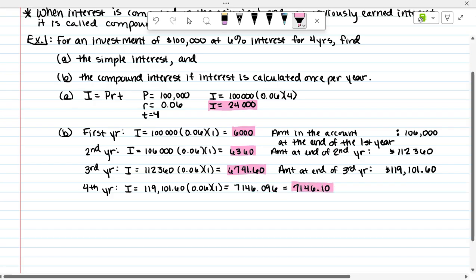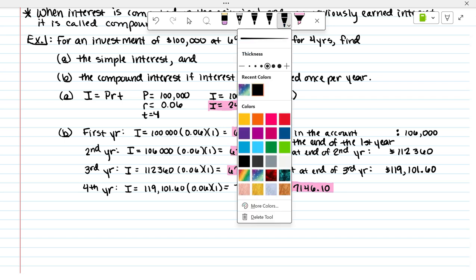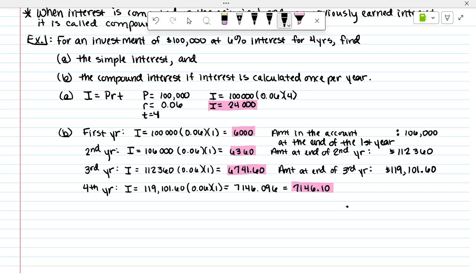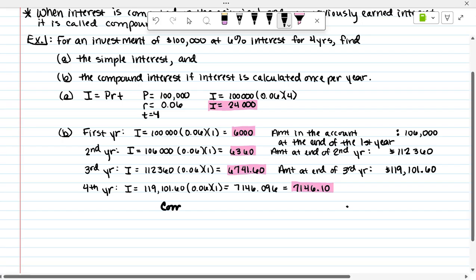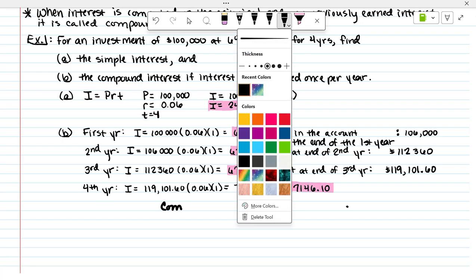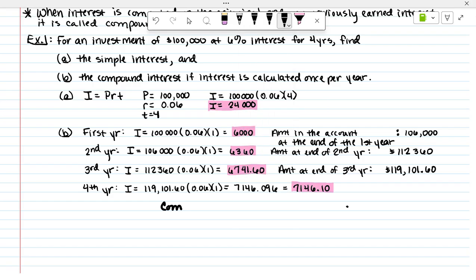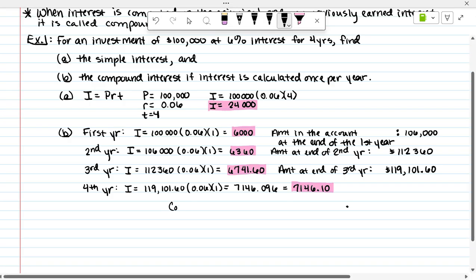Okay? Oh, hold on. Not that one. Okay? So, my interest is going to be the compound interest. Ooh, I need to change that size. Okay, the compound interest. There we go.